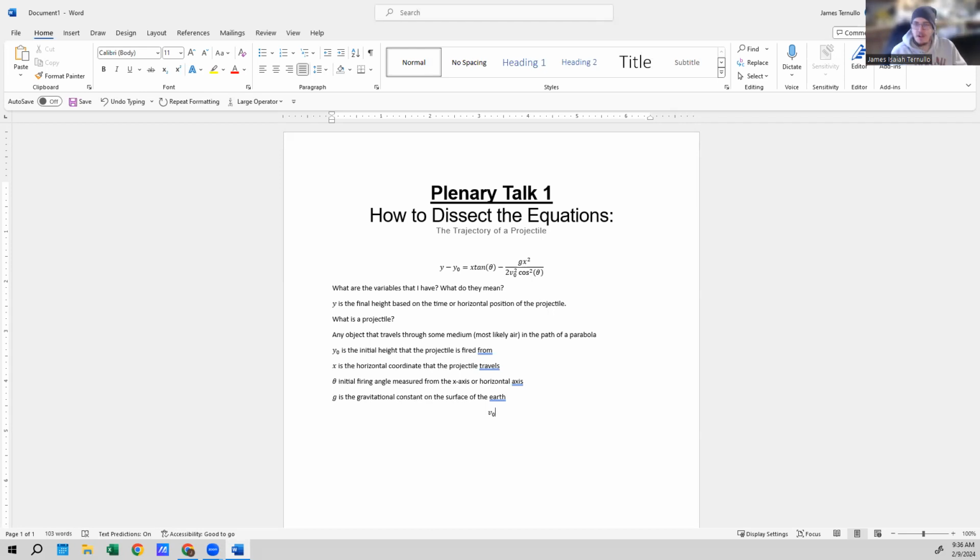And so V naught is our final variable inside our equation. This is the initial velocity of the projectile the instant it is fired. It's very specific wording that we're choosing here.